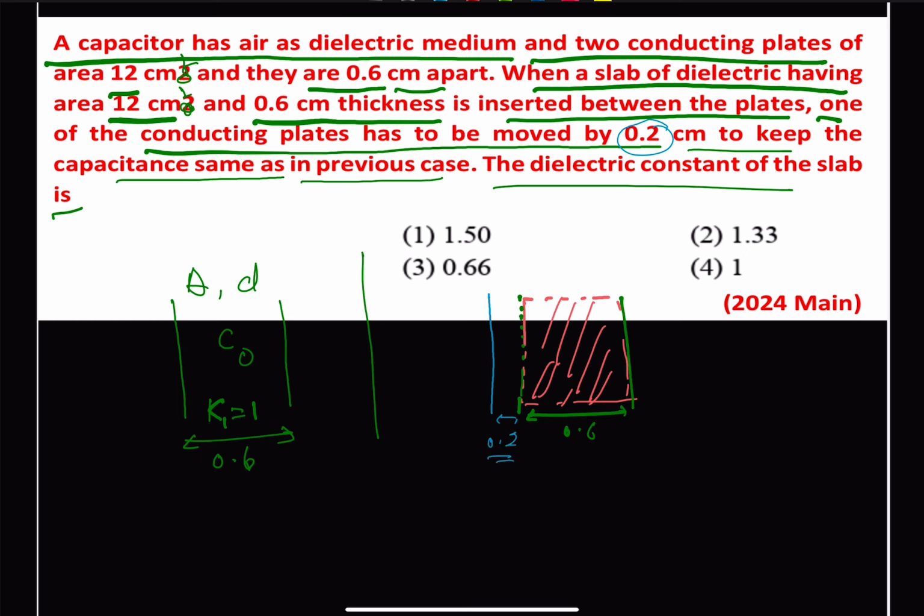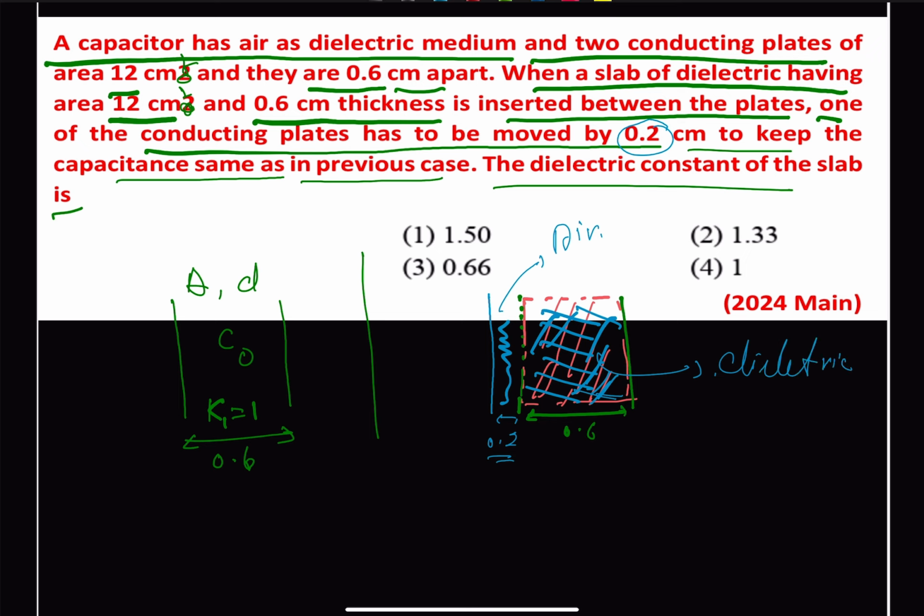But the dielectric is having only the distance of 0.6 centimeter. So this portion will be consisting of air. So this will be our air, and this will be our dielectric.